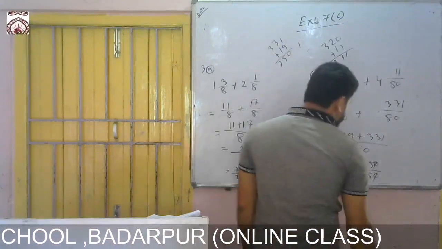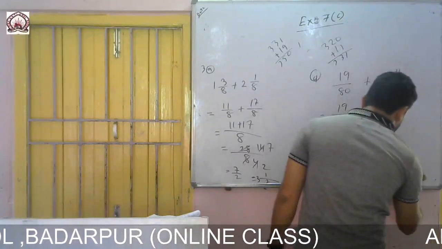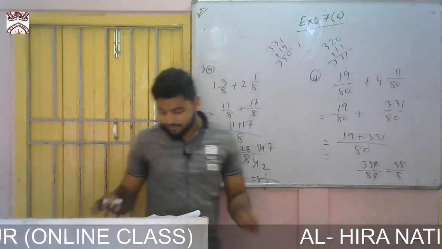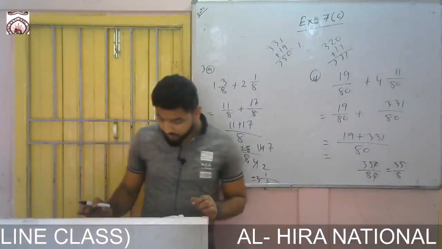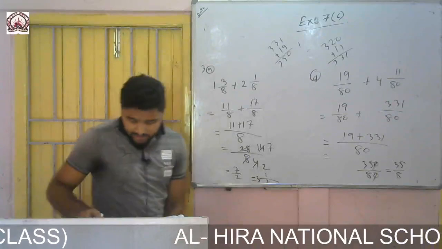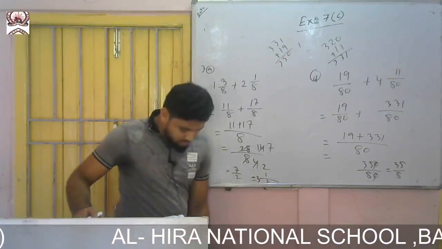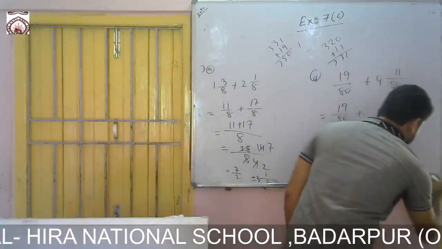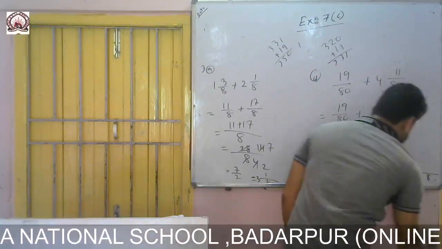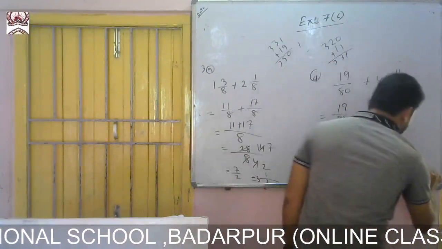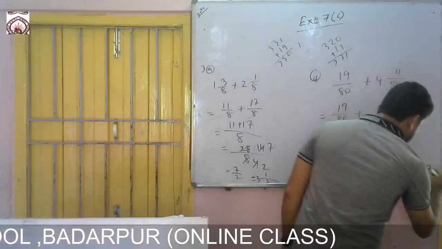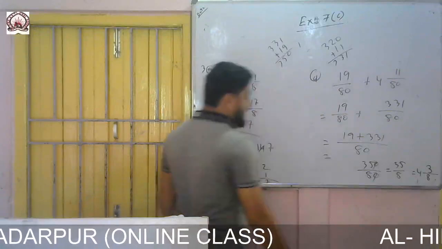Remain 35 by 8. Okay, 35 by 8. So I can do like this. If I take it into mixed, then 8 4s are 32, 33, 34, 35. Remain 3. Here you write 3.